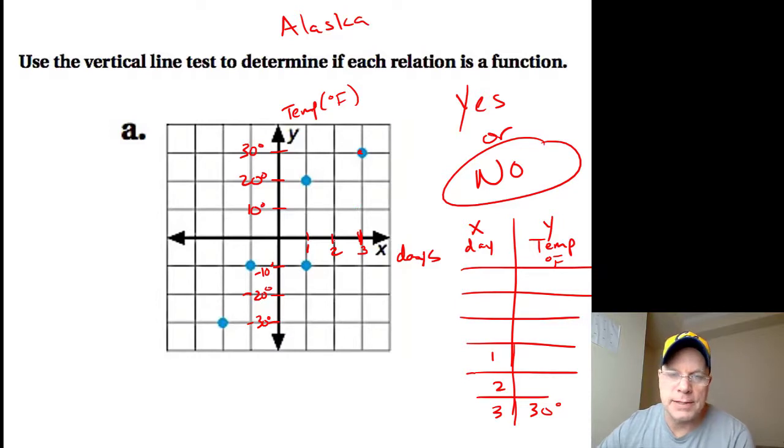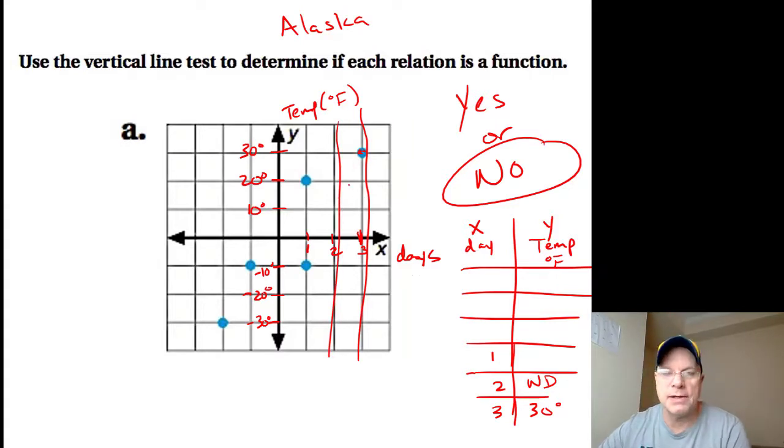On day 2, it looks like I didn't take a temperature reading. I forgot to do my job on day 2. That doesn't mean the answer is 0. There's just no data there. That's fine. So far we're good as far as a function, because on day 3 I have a specific temperature, and on day 2 I don't have any temperatures because I forgot to take them. So far that could be a function.